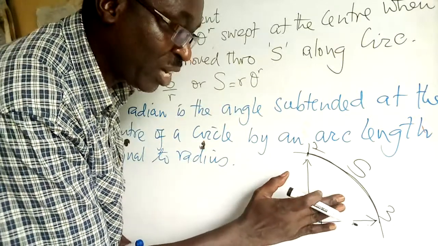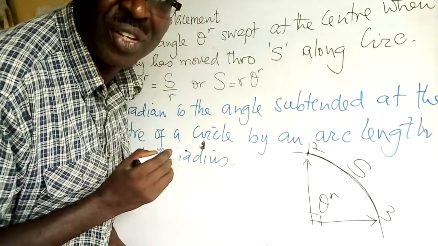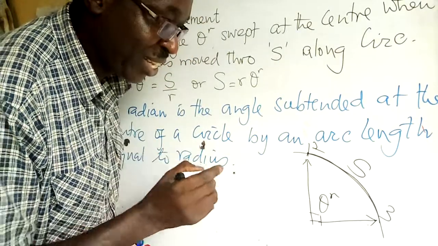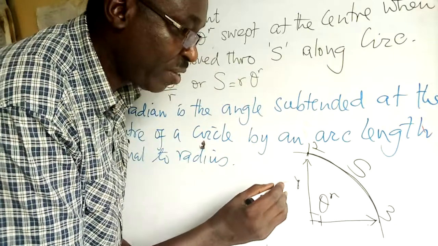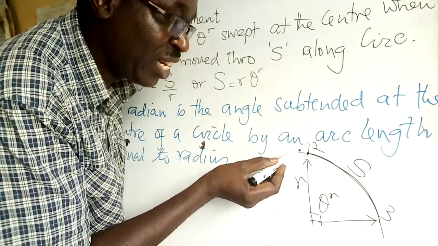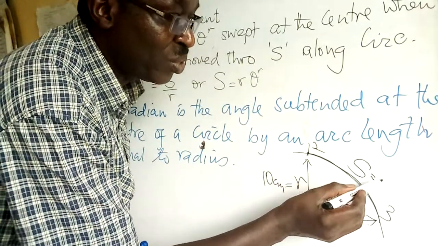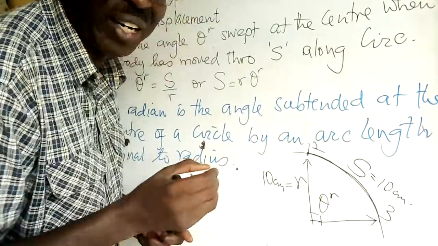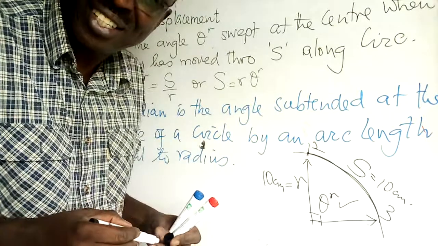But now we are talking about this. This angle shall be called theta radians if R is equal to S. In other words, if this radius is equal to 10 centimeters, then this is also 10 centimeters. Then we talk of theta radian.